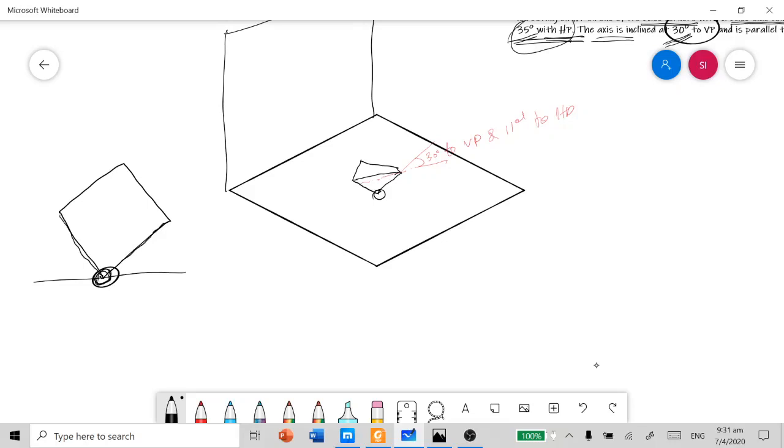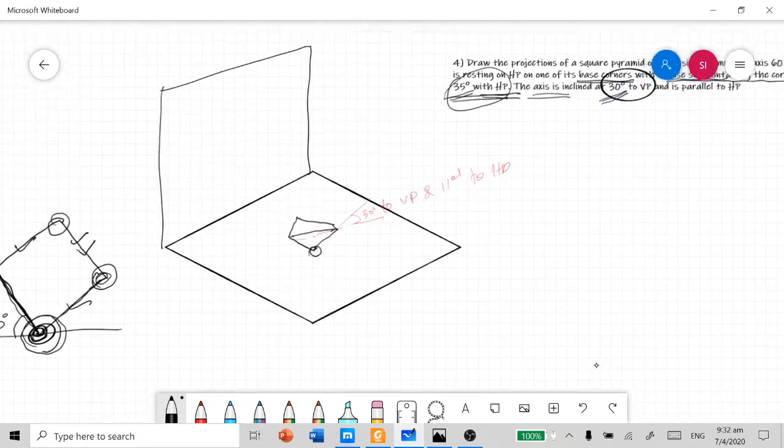Wherever you take a corner in this solid, two base edges meet at it. So in this problem, one base corner is resting on HP and one base side in contact with that corner is going to make 35 degree with HP. This is the one more angle we need to consider apart from the axis inclination with the VP.